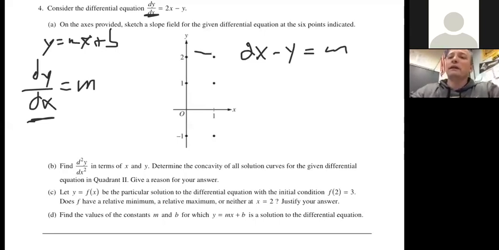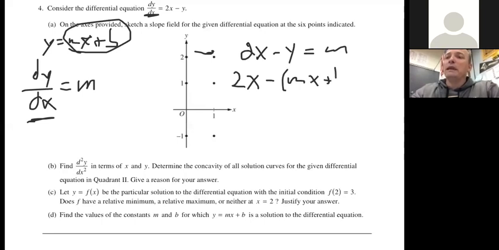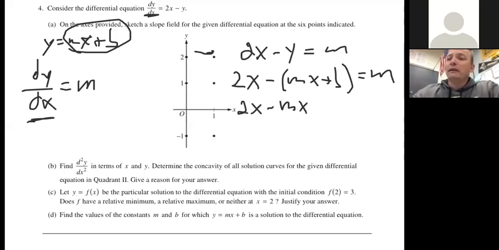So the first thing I'm going to do is plug this in to get rid of some variables for that y. So when I plug that in, I get 2x minus (mx plus b) equals m. Okay, then I'm going to distribute my negative sign, and I'm going to get 2x minus mx minus b equals m.